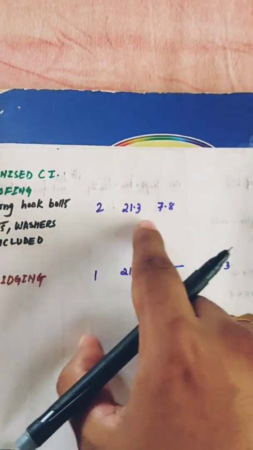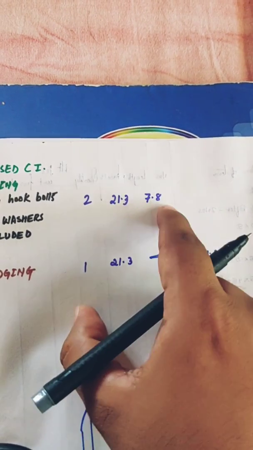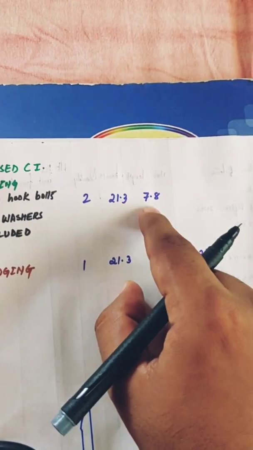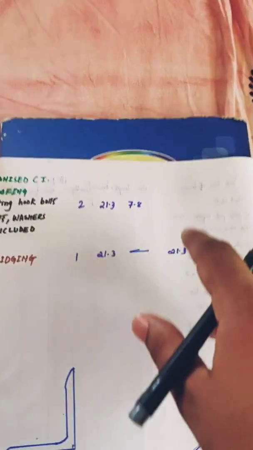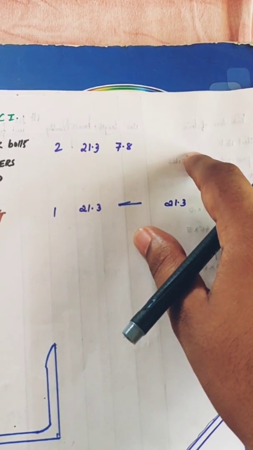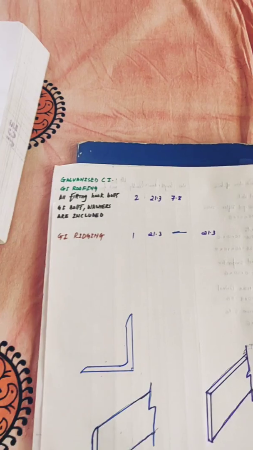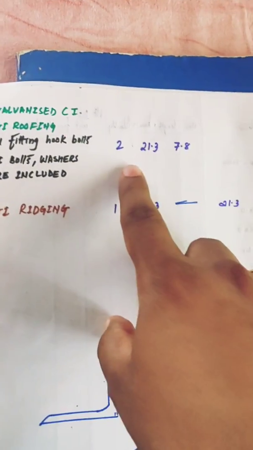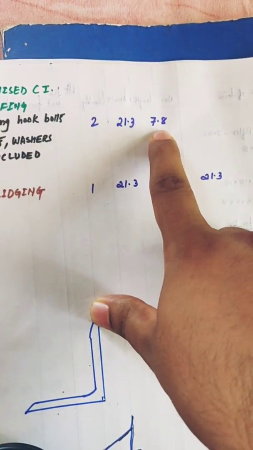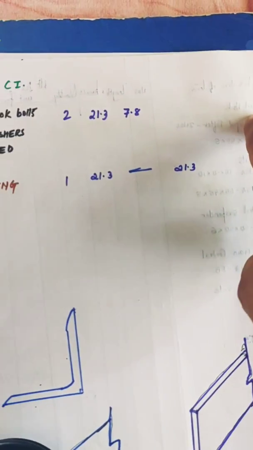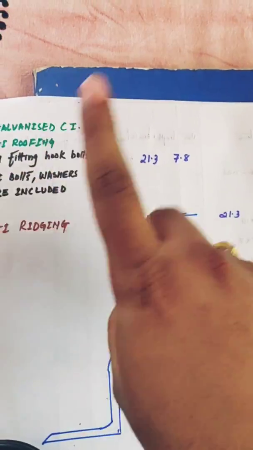Length is 21.3, width is 7.8. So you get the total square meters of GI sheet required. So 2 into 21.3 is the length, 7.8 meter is the width. So you get the total surface area of the GI sheet roofing.